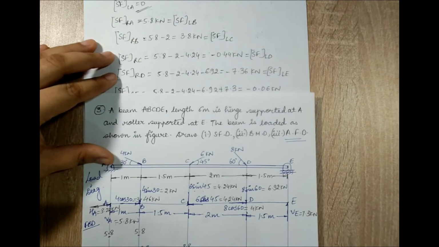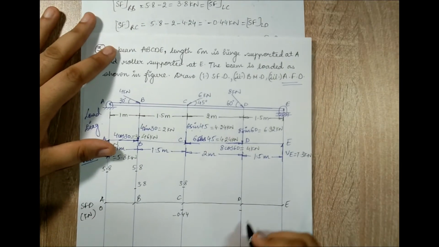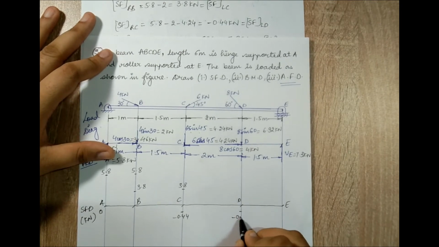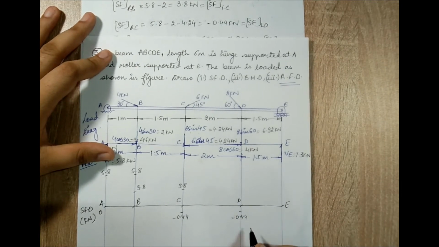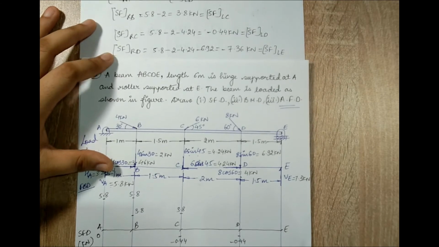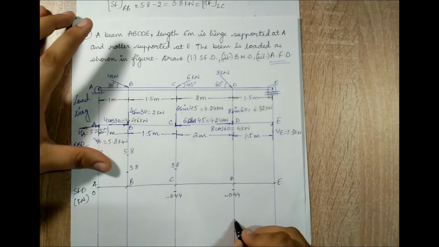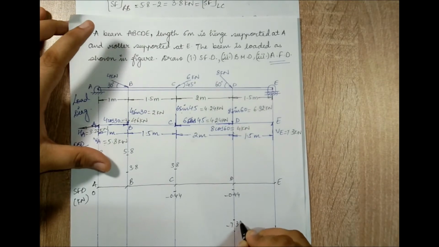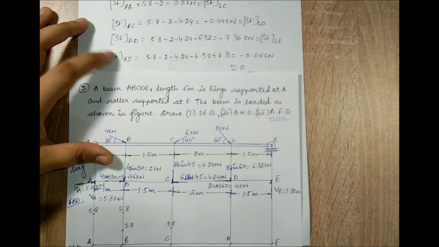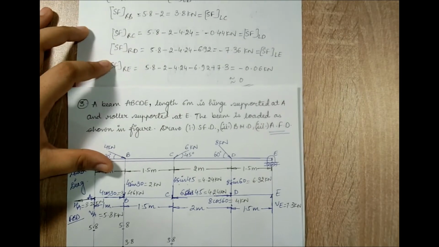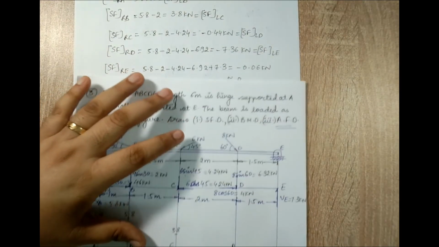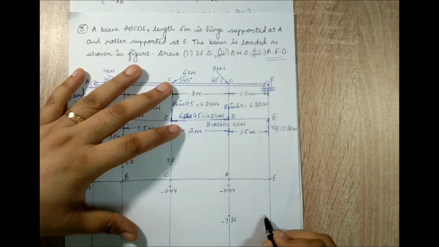The value to the left of D is again minus 0.44. The value to the right of D is minus 7.36. So I'll draw it a little below. And the value to the left of E is again minus 7.36, and at right of E is 0.